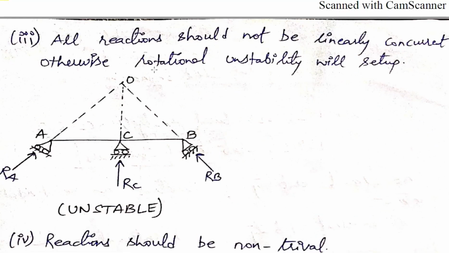All reactions should not be linearly concurrent, otherwise rotational instability will set in. Here you can see this is an unstable structure again, because the RA reaction, RC reaction, and RB reaction meet at one particular point, and here rotational instability will set in. That's why this structure is unstable.